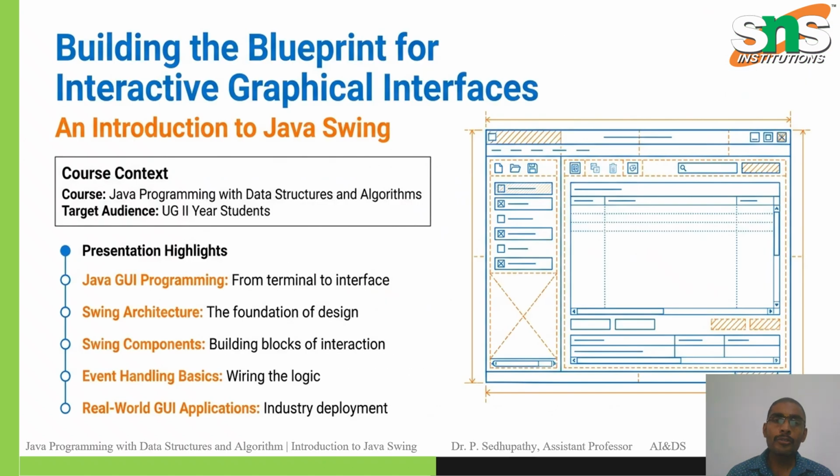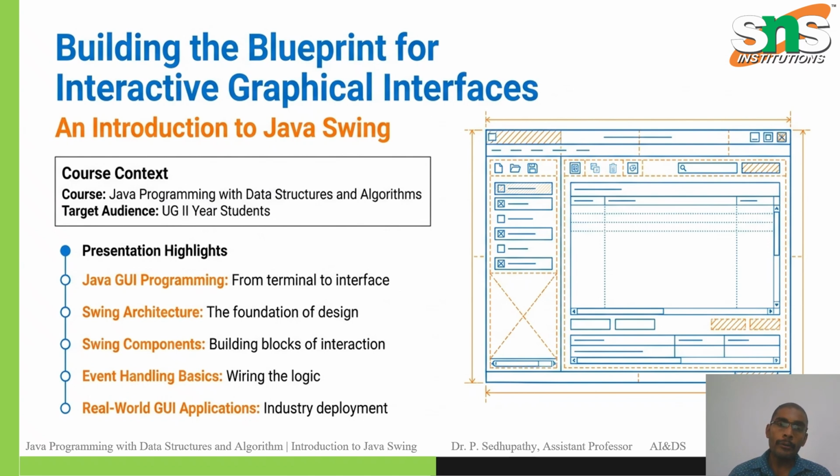So in this video, we are going to see what Java Swing actually is. Java Swing is like a blueprint for making GUI-based applications using Java functionalities. It is an interactive graphical interface that comes under core Java. This video is basically for undergraduate students.